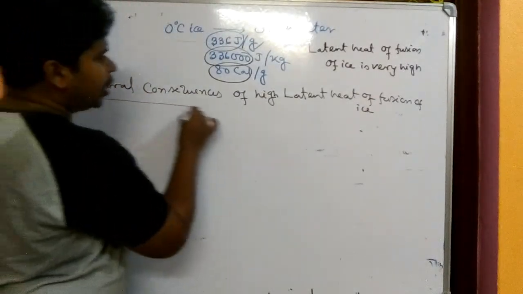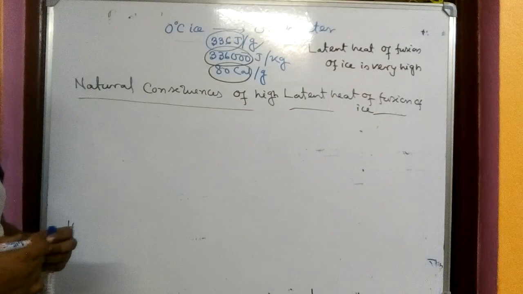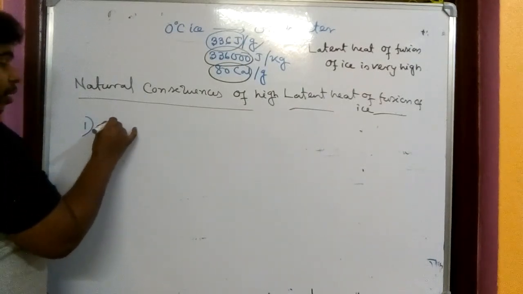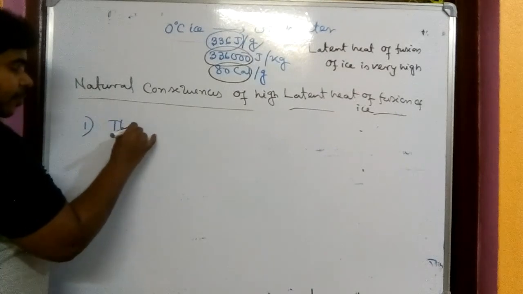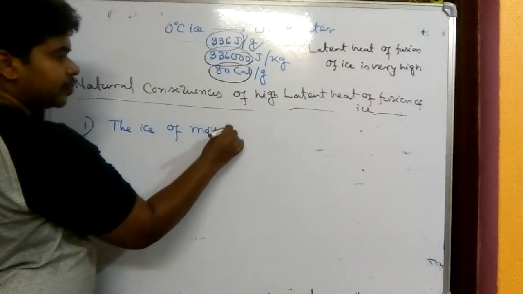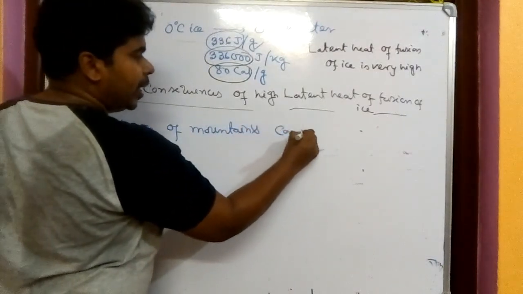What is the utility of this much higher latent heat? Number one consequence is a very interesting one: the ice of mountains cannot melt together.